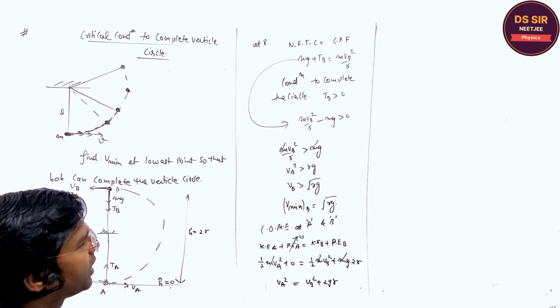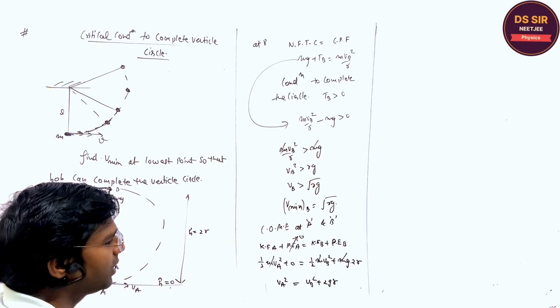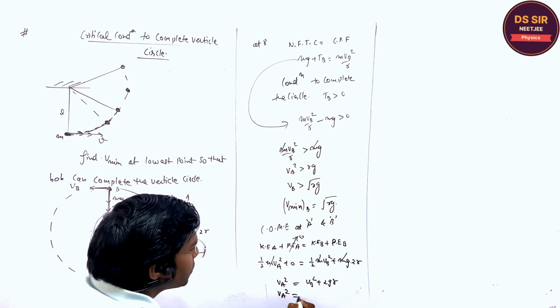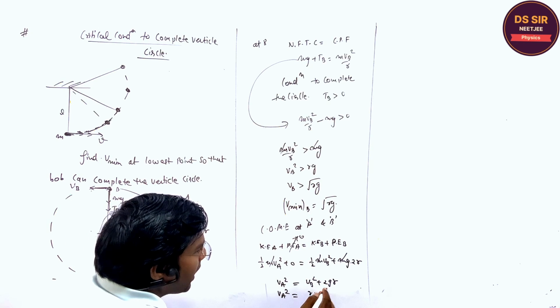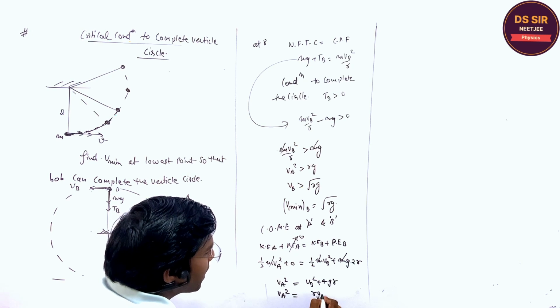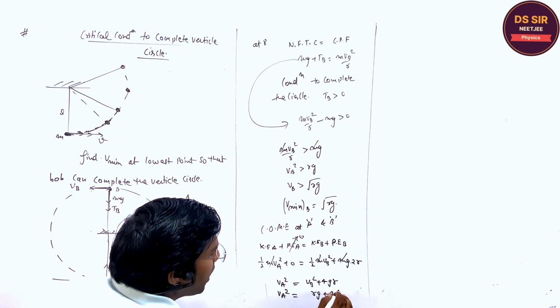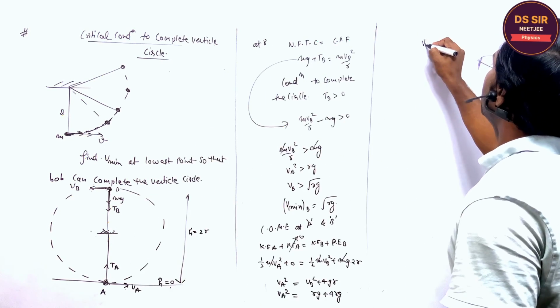So Vb square, the minimum speed at B, is root gr. So Va square is equal to gr plus 4gr. Are you getting it? So what should be the speed at A?